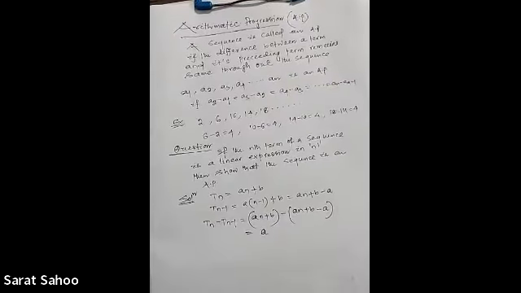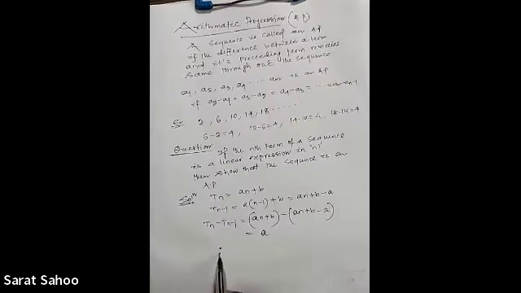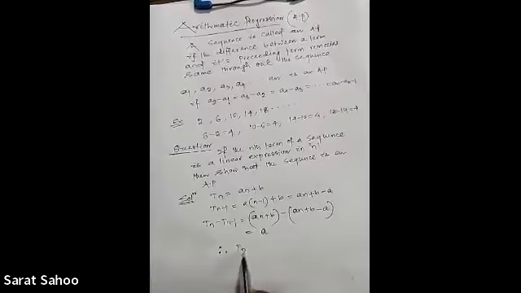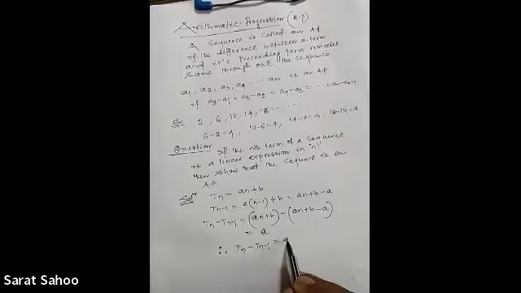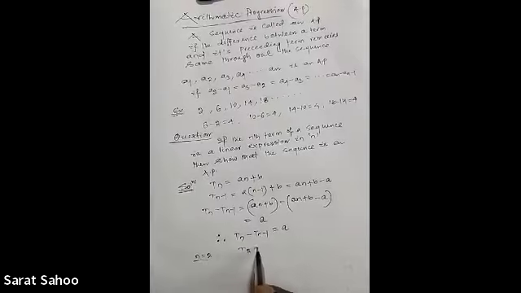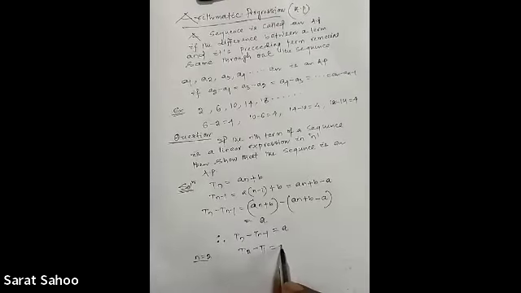If we take n is equal to 2, thus Tn minus Tn minus 1 is independent of n. So if you take n is equal to 2, T2 minus T1 is equal to a.